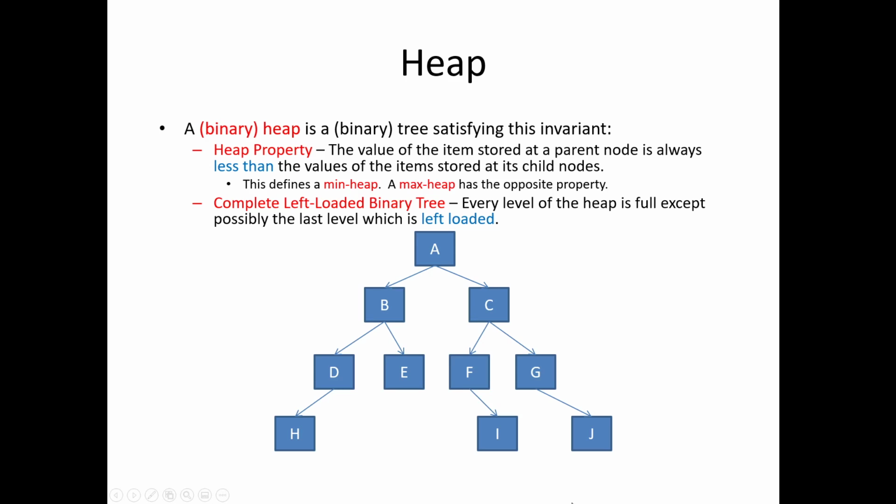We can see here our I and our J are not in the appropriate location. If we then move them over here, we now have a complete left-loaded binary tree. So this here is truly a min heap. What we had before satisfied the heap property, but not the complete left-loaded binary tree property. And so this is a heap that satisfies both properties of the heap invariant.